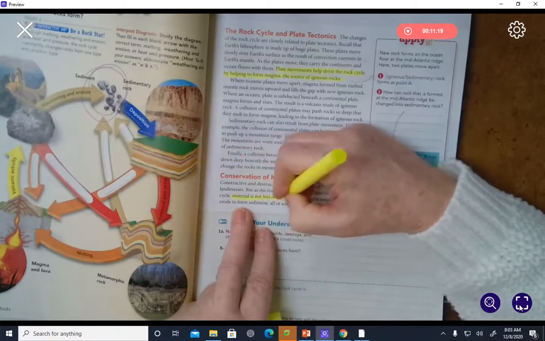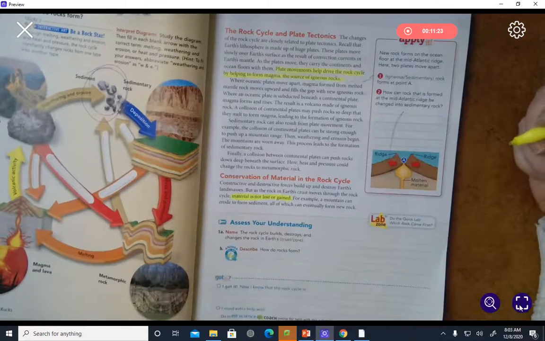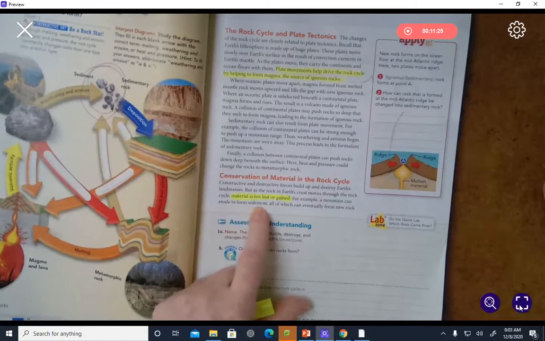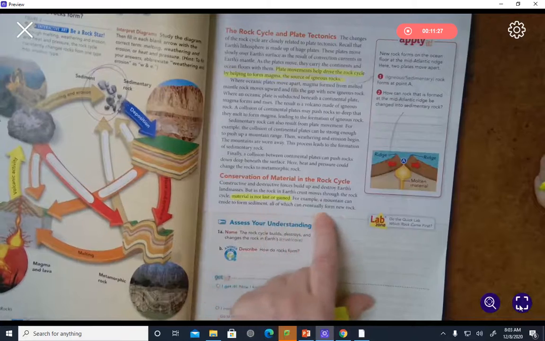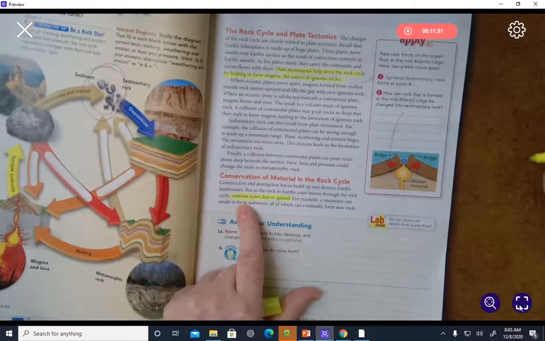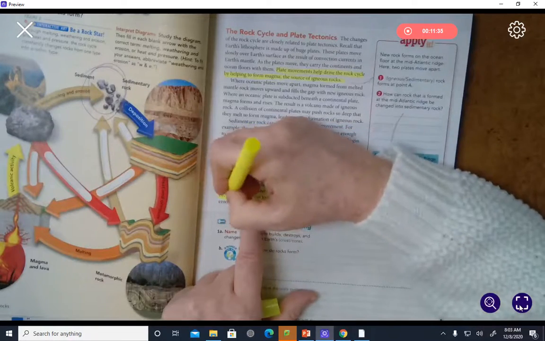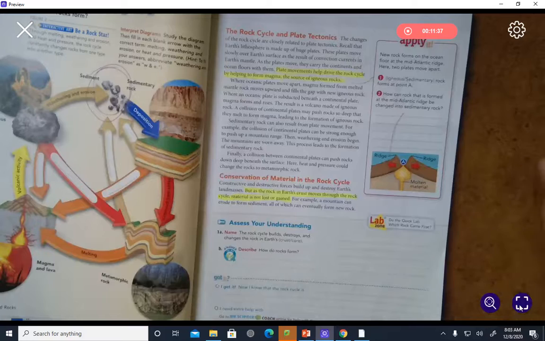Material is not lost or gained. For example, a mountain can erode, but it forms this sediment, which eventually can form new rock. Now, material not being lost or gained, you might want to do the whole sentence there. This is called the law of conservation of material.